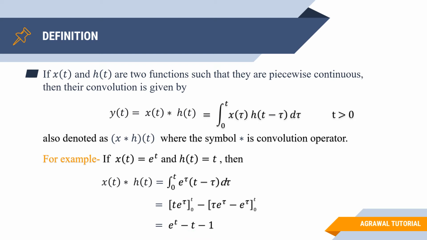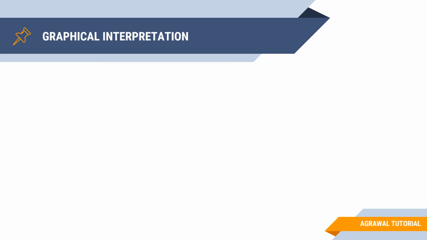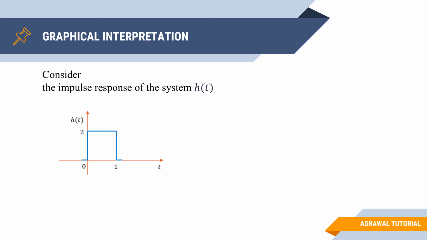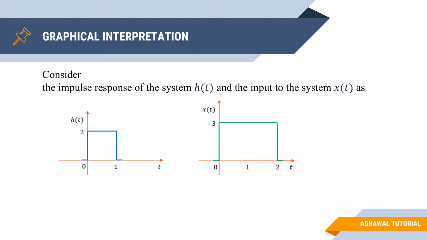To understand the concept in a better way, let us go through the graphical interpretation of convolution. For this, let us consider the impulse response of an LTI system h(t) as the function given below and the input x(t) as this function.